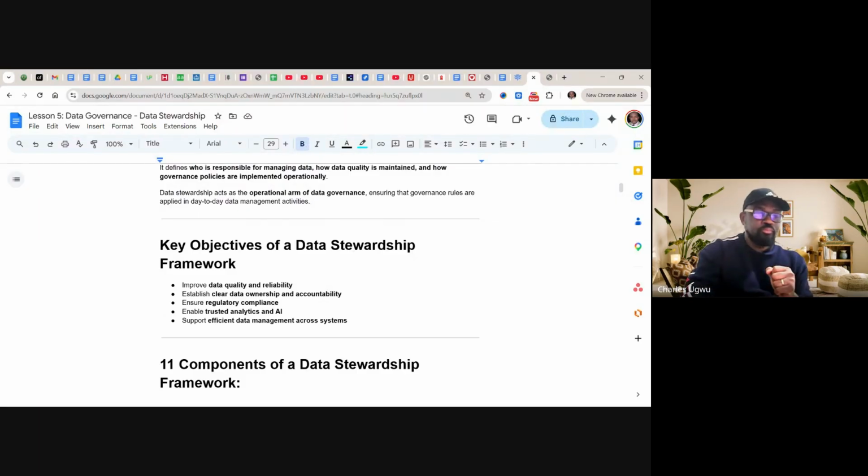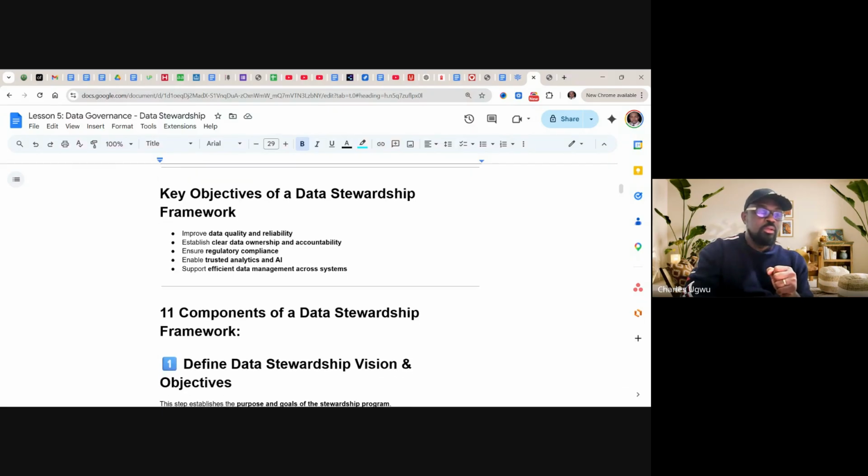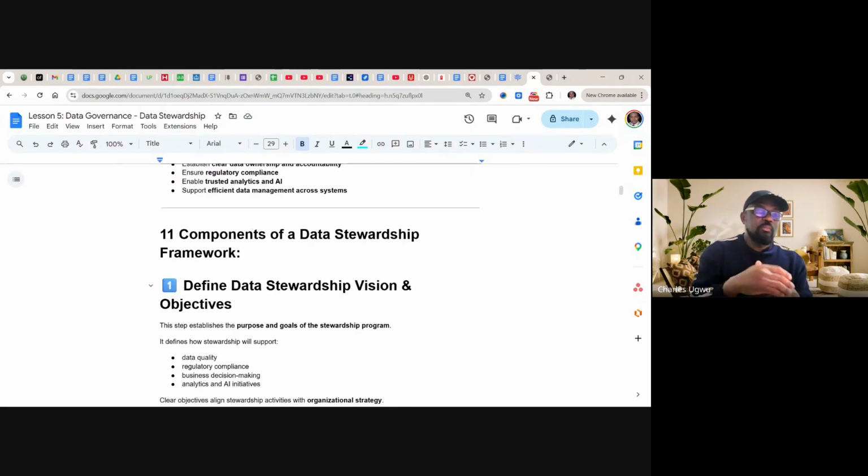So let's look at this compliance. For you to have a very solid data stewardship framework, you need to build it within 11 components.